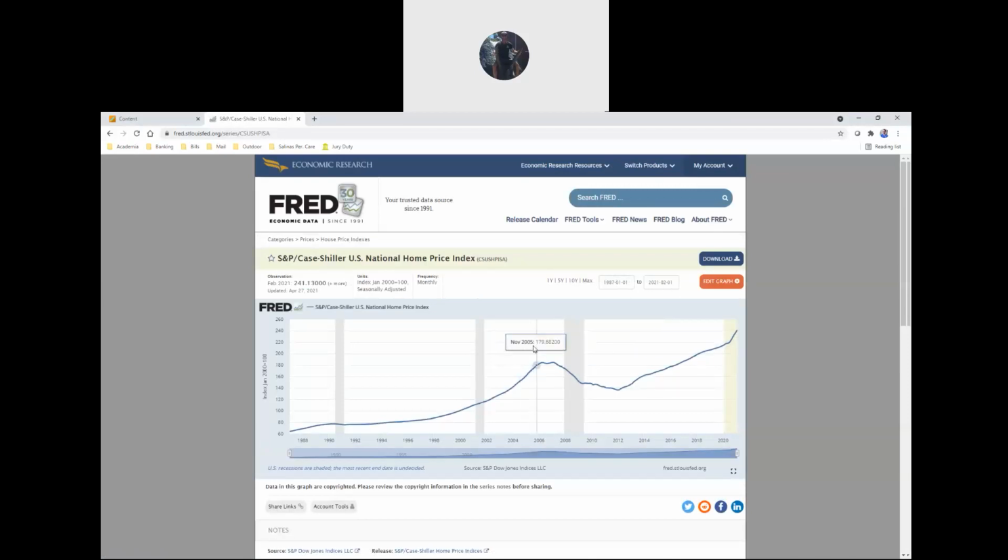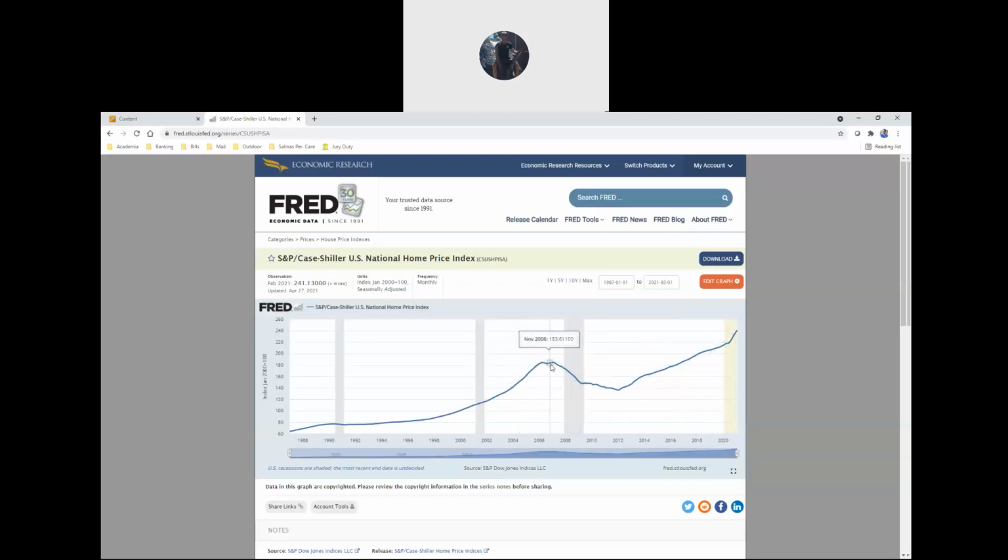Here's where you can see what happened during the financial crisis. Here's the price of houses, and once all those homeowners stopped paying the mortgage and there was the crisis, the prices went down. Here's the recession. Now the prices have grown beyond that point by far, especially since last March. So we have another, I want to say, increase in the value of the average home price.